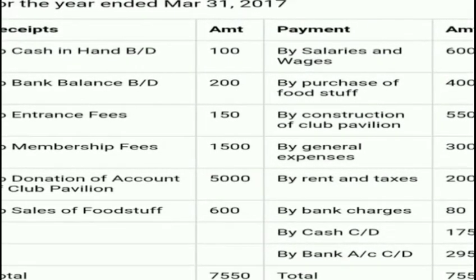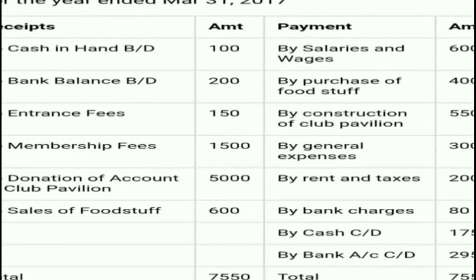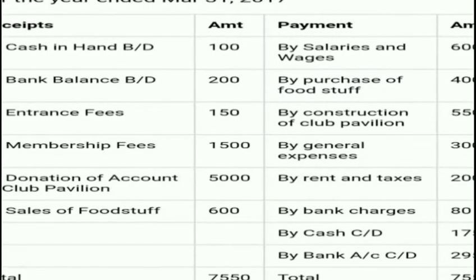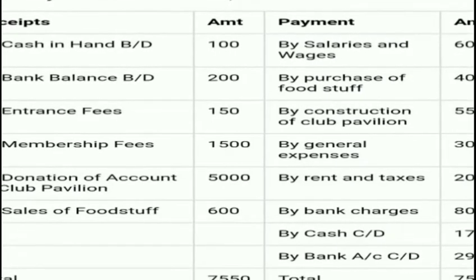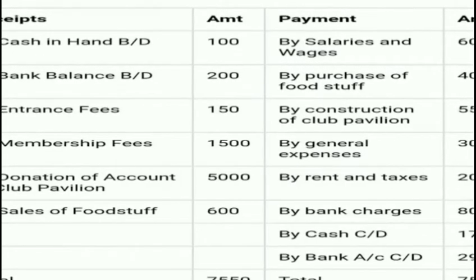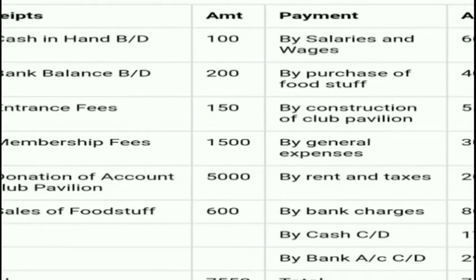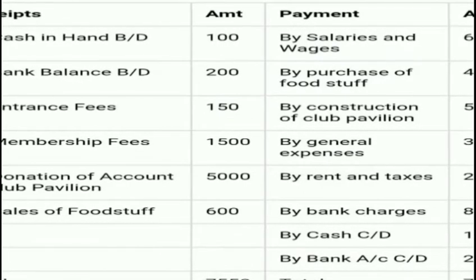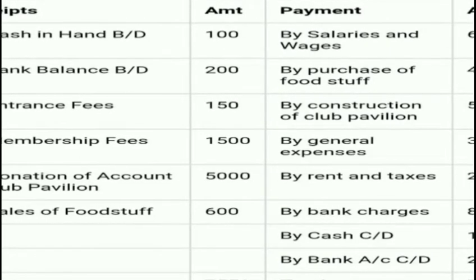For the expenses, we have salaries and wages, purchase of food stuff, construction of club pavilion, general expenses, rent and taxes, and bank charges. We will record these expenses with their respective amounts on the payment side. Also on the payment side, we will record the closing cash and bank balance.